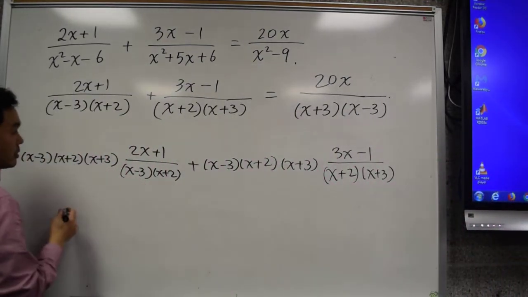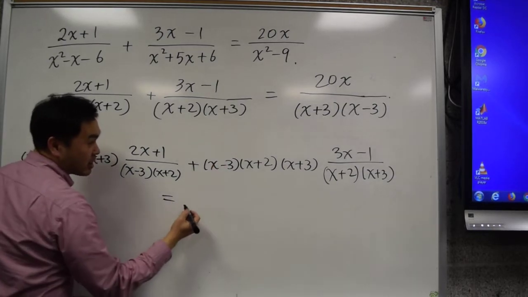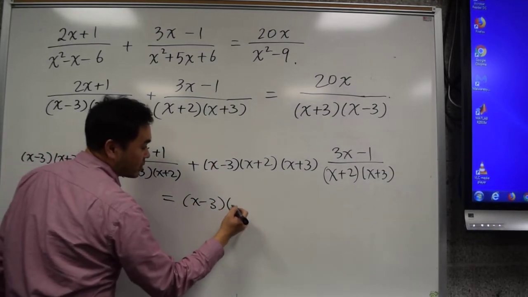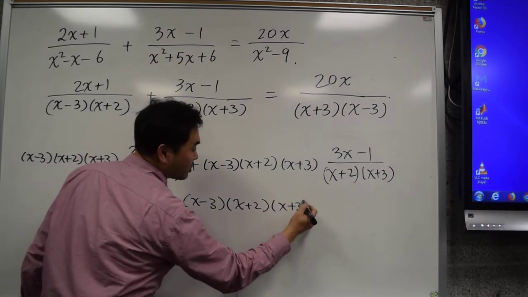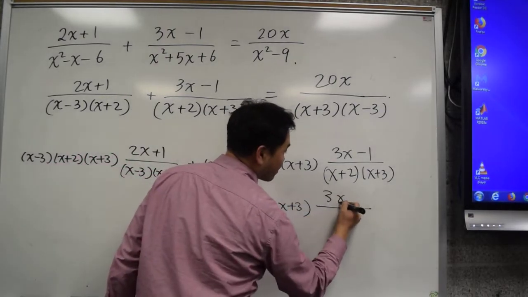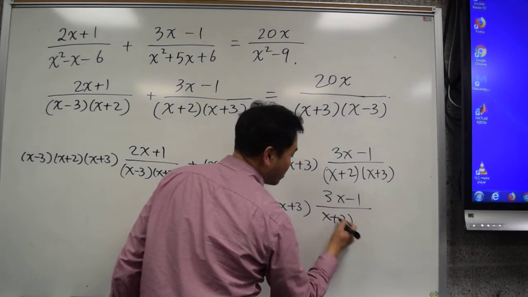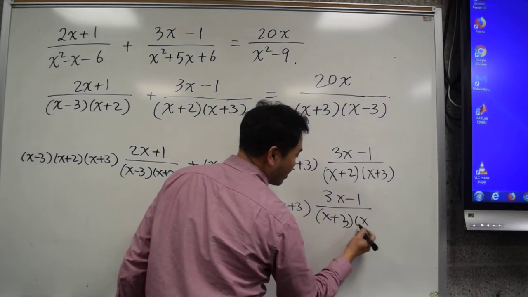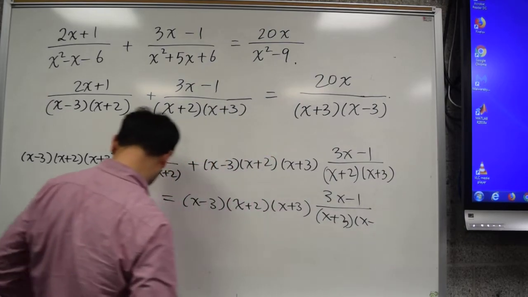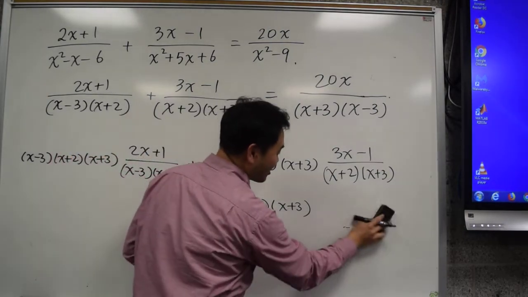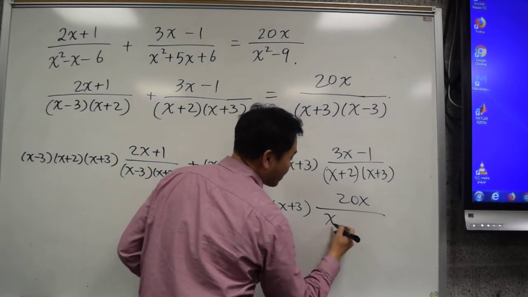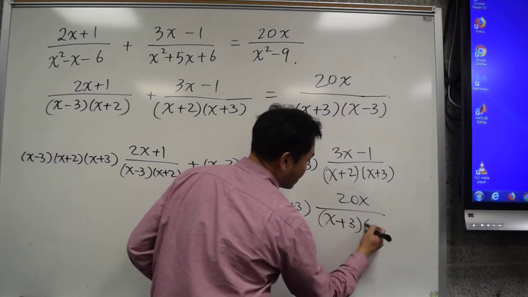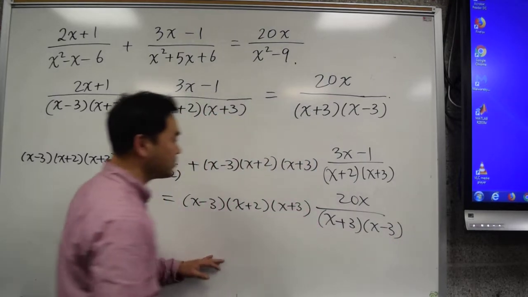Okay, and then that's equal to the right side, which is x minus 3, x plus 2, x plus 3 times, no, I was writing down the wrong thing, right? On the right side, it's 20x over x plus 3, x minus 3.